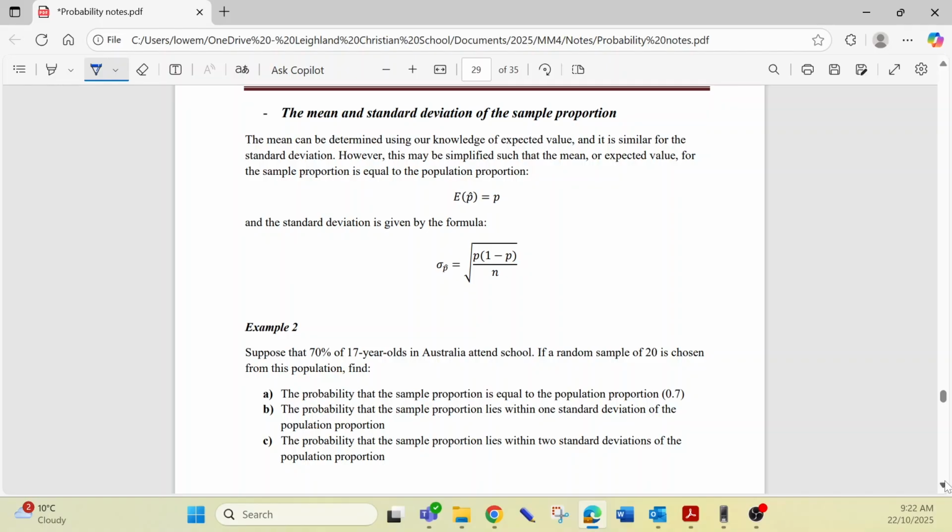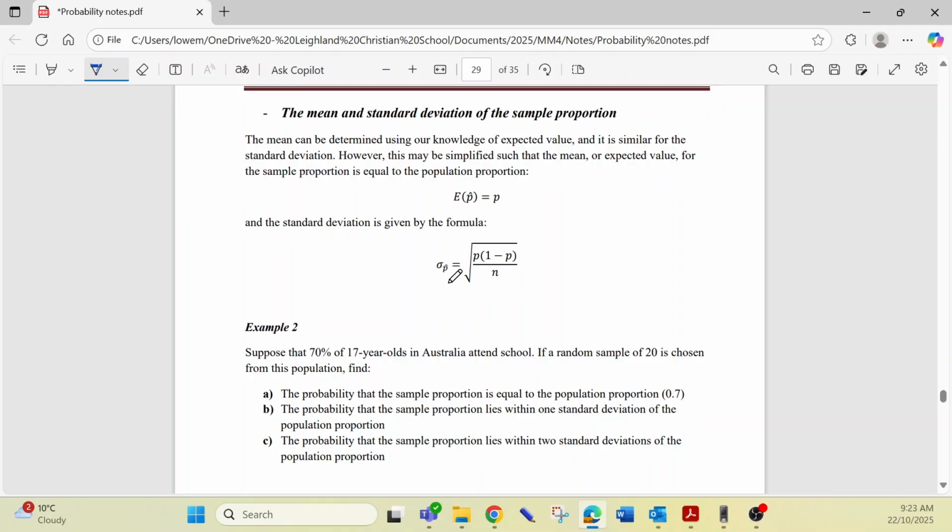In other words, on average, we would expect the sample proportion to come out being the actual population proportion. We know that it's highly unlikely to match that on the very first go on a particular sample, which means that on average, over many samples, you would expect the average to match the population proportion.